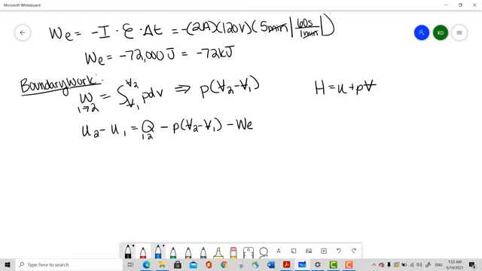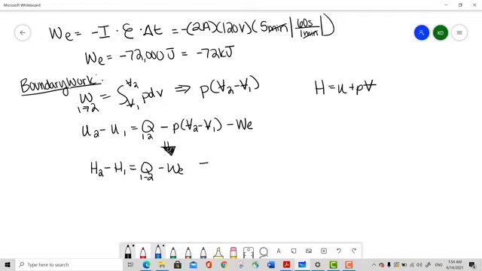And so then what we can do is remove this and start taking some of these out to start to simplify our formula. So this is going to go into H2 minus H1 equals Q 1 to 2 minus WE.